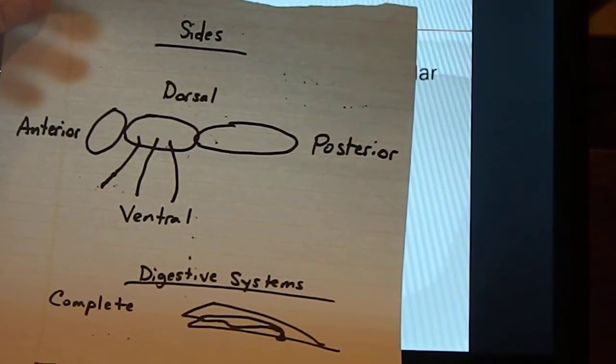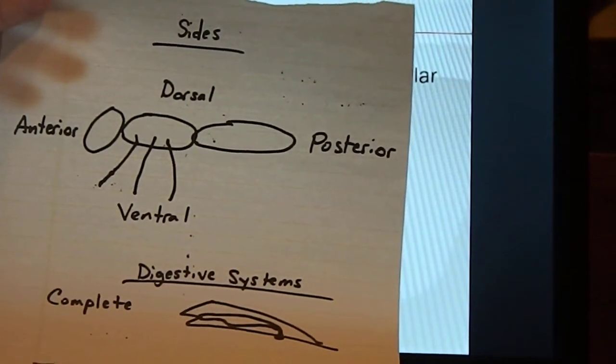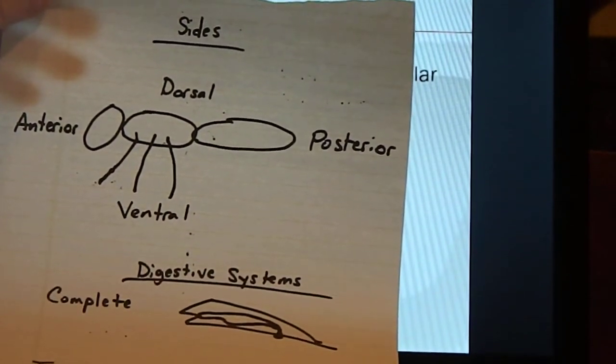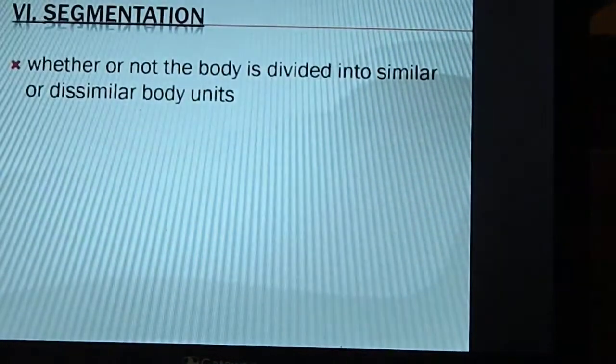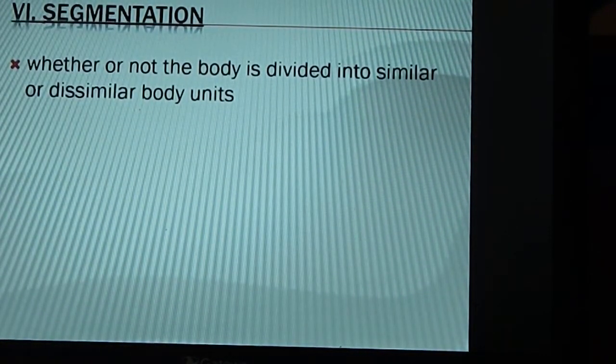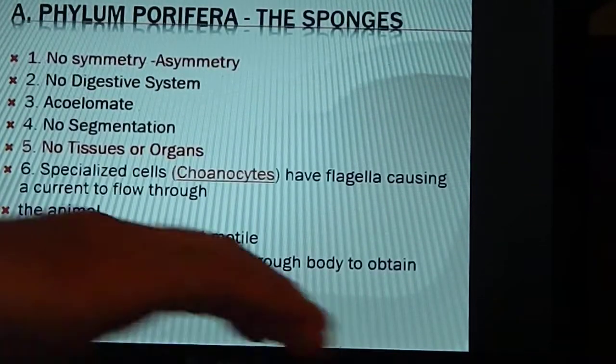They don't look the same, they don't have the same functions, but they are segmentation. Most of the time when we think of segmentation, we think of earthworms, right? Redworms. But other organisms do have segmentation as well.